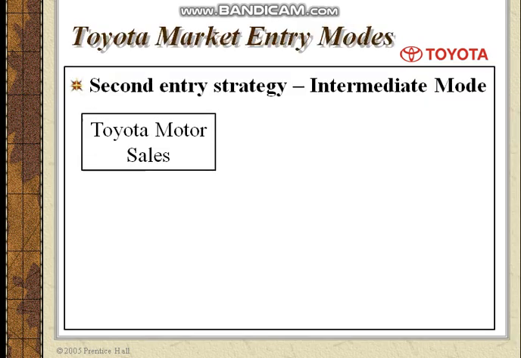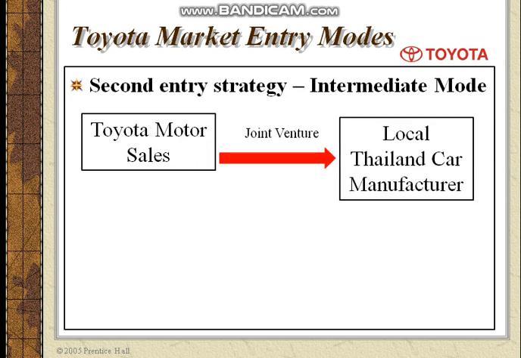Afterwards, the second entry strategy used by Toyota was the intermediate mode. Toyota made several joint ventures with local manufacturers in host countries to easily bring their product to the market. First, when Toyota successfully penetrated Thailand with their products, they decided to make a joint venture with a local Thai car manufacturer, called Toyota Motor Thailand.